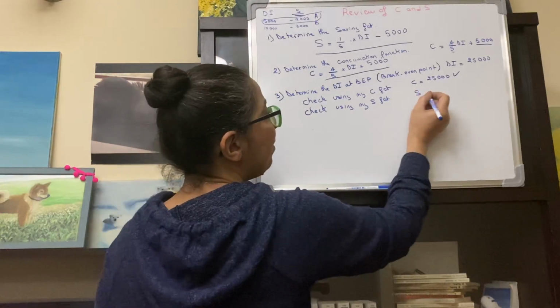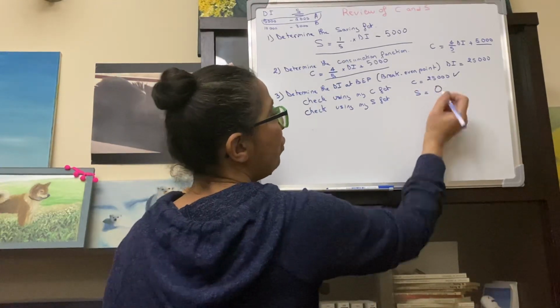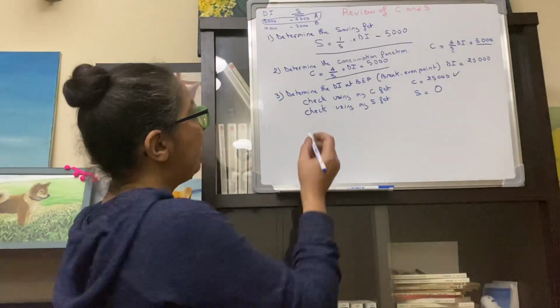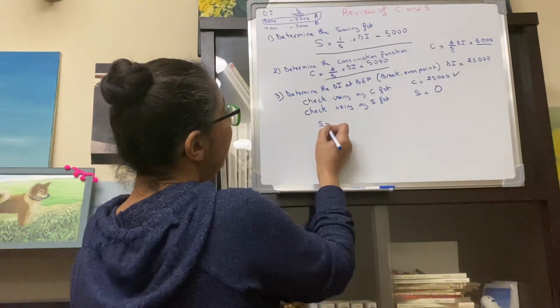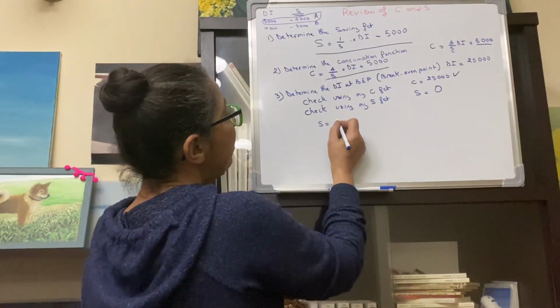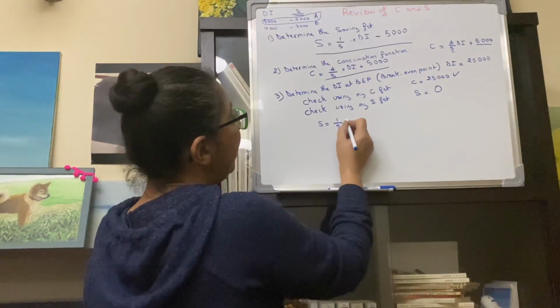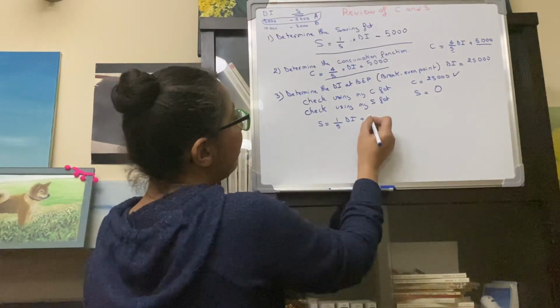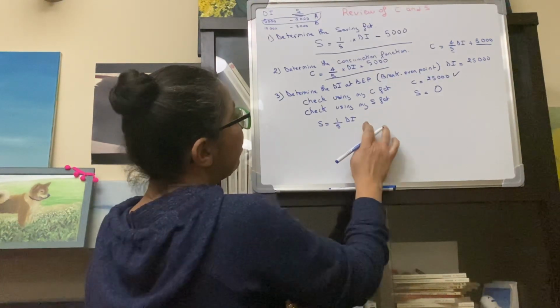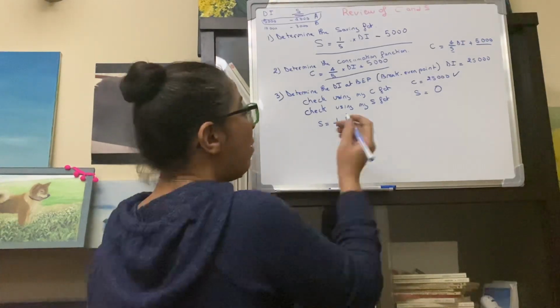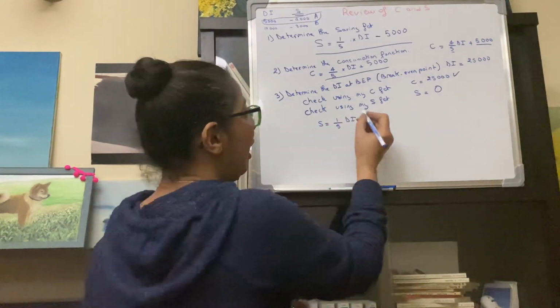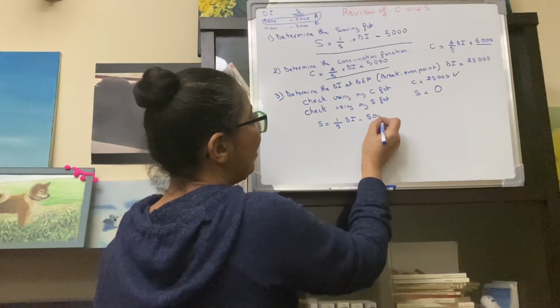I know that S should be equal to 0. Let's try it. So S, here is my saving function. S is equal to 1 over 5 di minus, that minus doesn't want to get in here, minus 5,000.